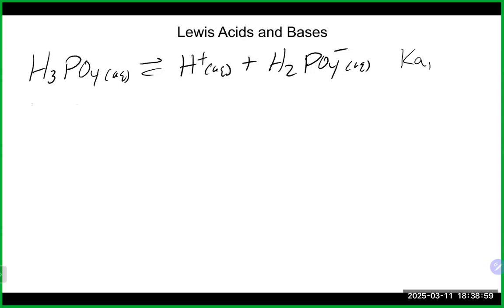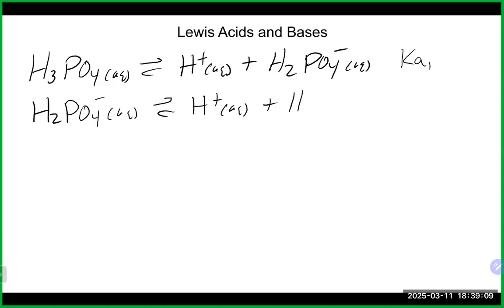Then that guy that has lost one hydrogen will decide, hey, why don't we just pop off the second hydrogen here for fun? And we will end up with HPO4 2 minus. There's also an equilibrium for that, which on a table is known as the Ka2 value for the second hydrogen that pops off.